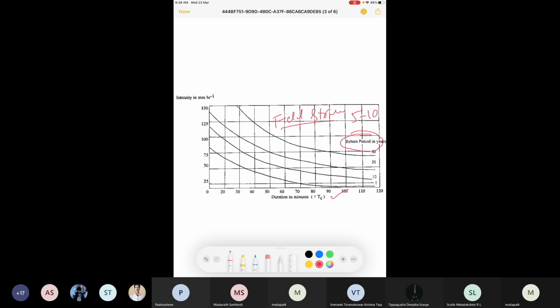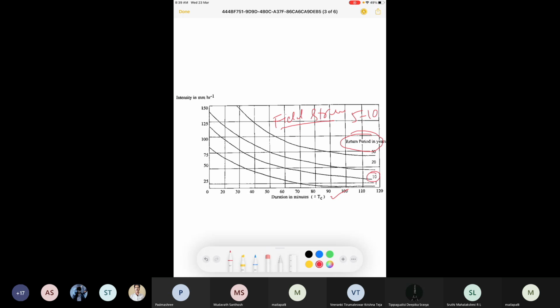So here the return periods are given. Suppose you are designing for a field structure, for example these channels. That is 5 to 10 years. Let's say 10 years, this is the curve, that is the duration and intensity curve. And your time of concentration is, let's say, 50 minutes.